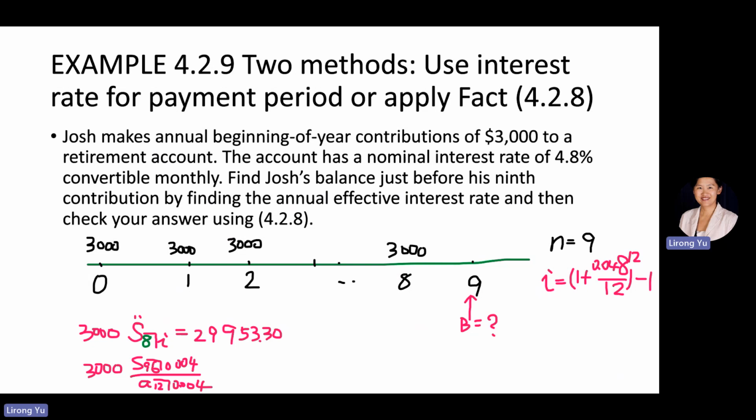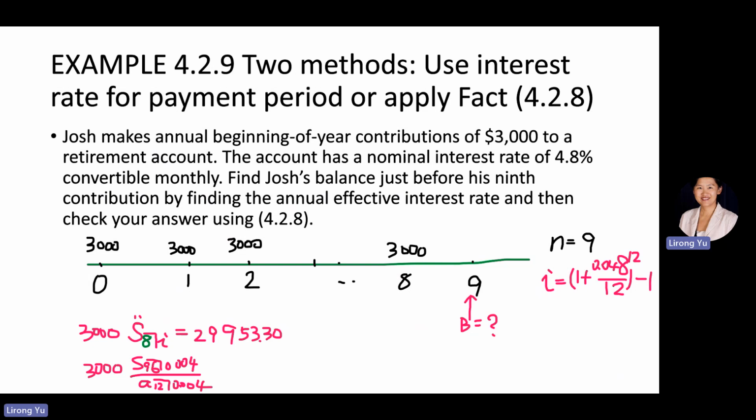That means the interest period is 1 month, it's monthly, but the payment period is annual, and it's being paid at the beginning of the year. So it's annuity due. The amount is 3,000. That already indicates that the payment is less frequent than the interest period and the interest compounding.